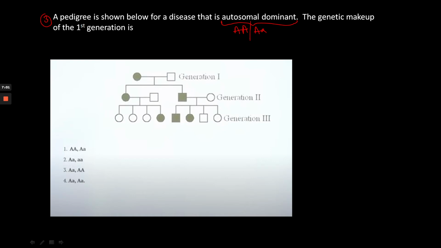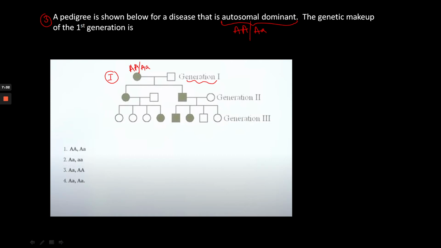And they're asking about the genetic makeup of this first generation. This is the first generation and they're asking about the genotype of these individuals. If this pedigree is showing autosomal dominant disease, then an affected individual will be either AA or capital A and small a, that is homozygous dominant or heterozygous condition.